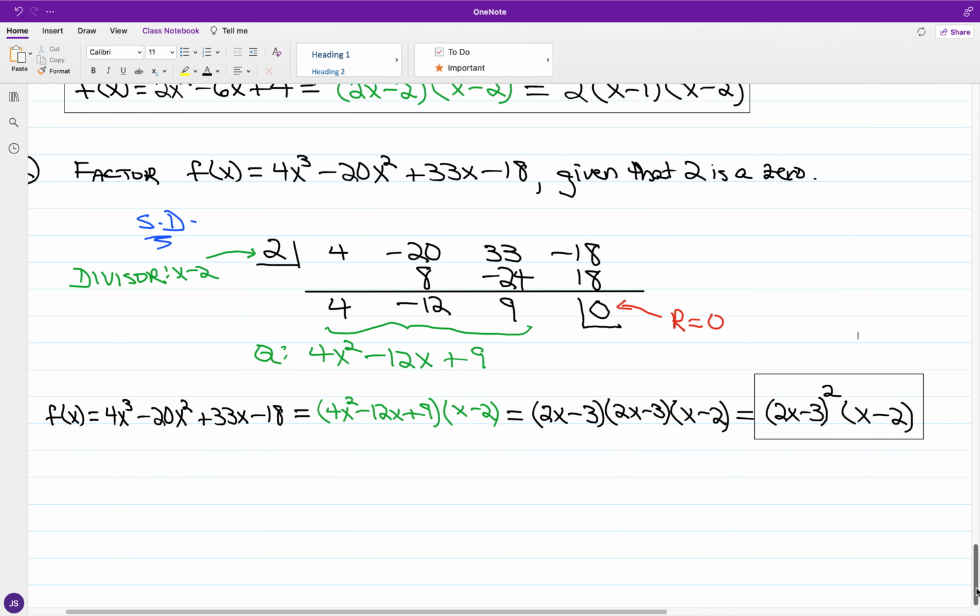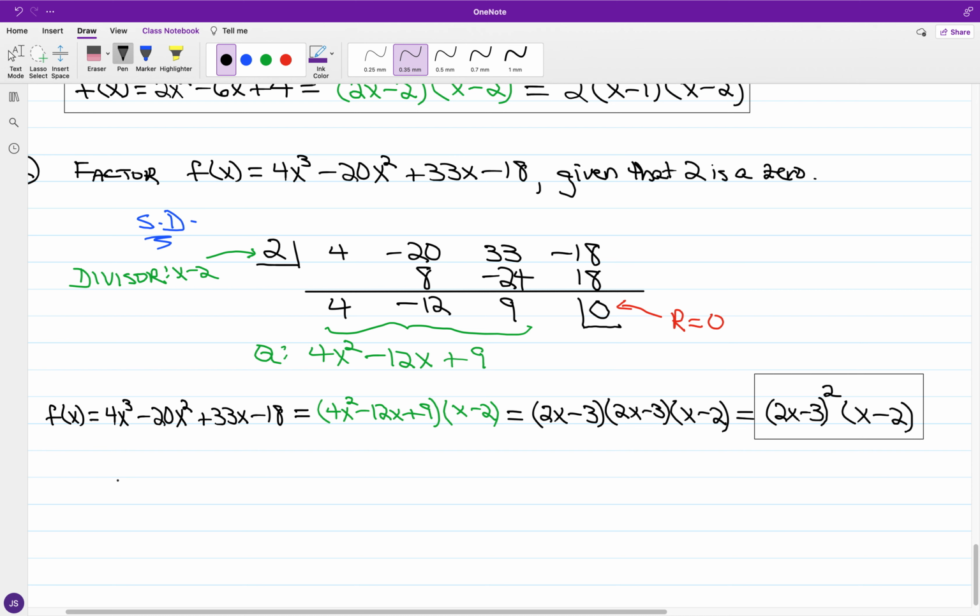Tell you what, for the next few moments, let's see what we get in the case of factoring. And in this one, just the quotient times the divisor will be the complete factorization.